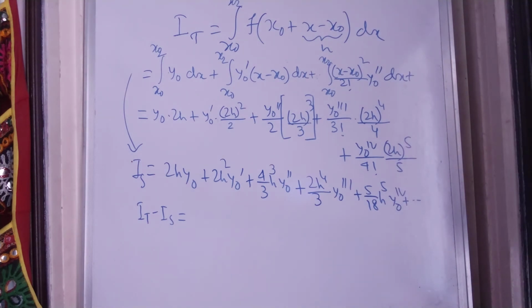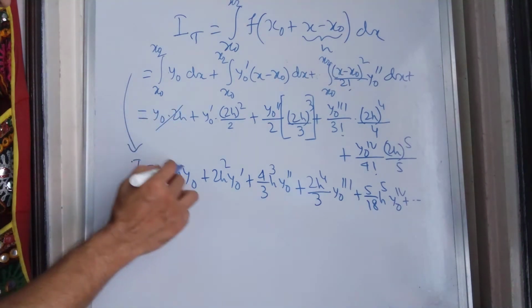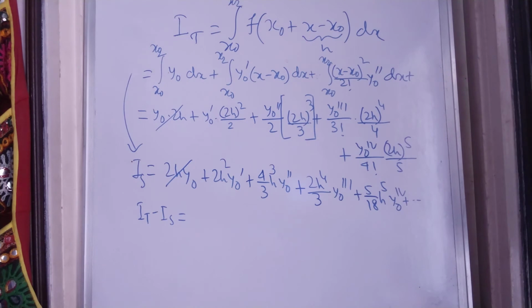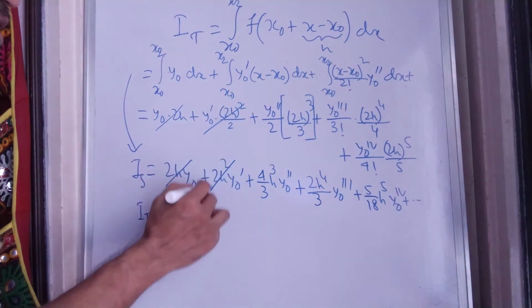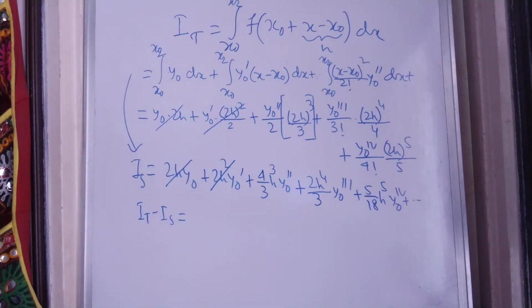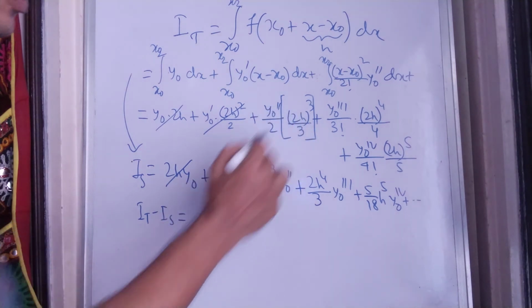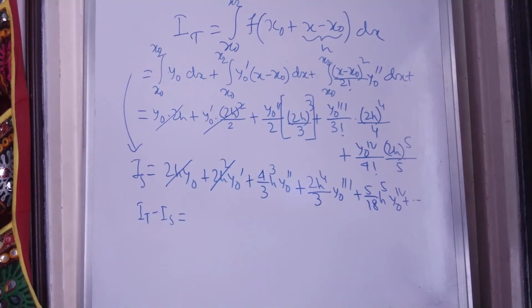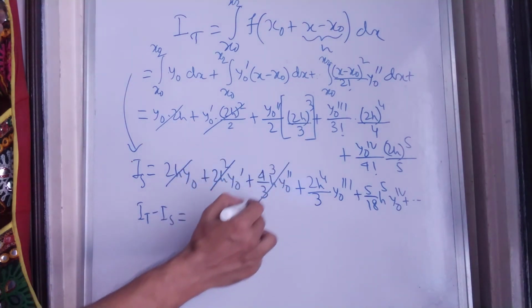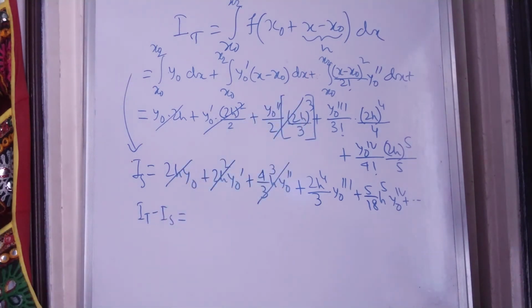It is very interesting to note that this 2h y0 cancels. This also cancels because this is 4 by 2, which is 2. This is 2 cube, 8. 8 by 2 is 4. So this also cancels.